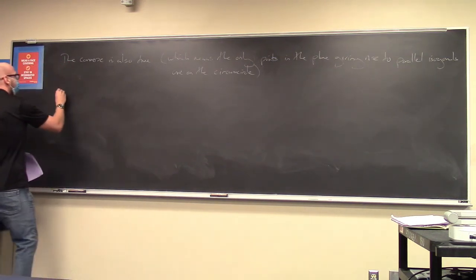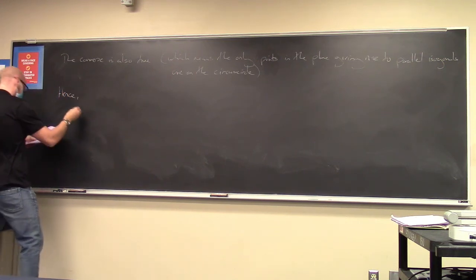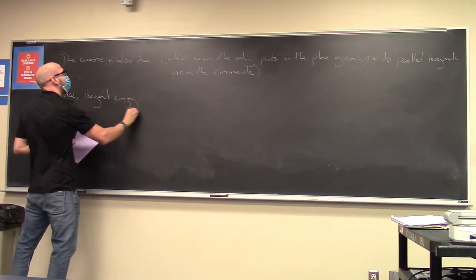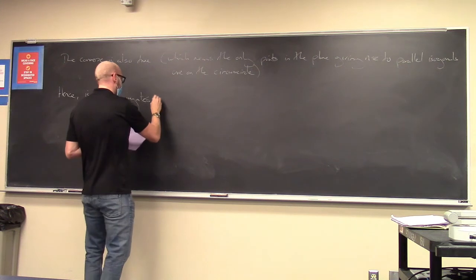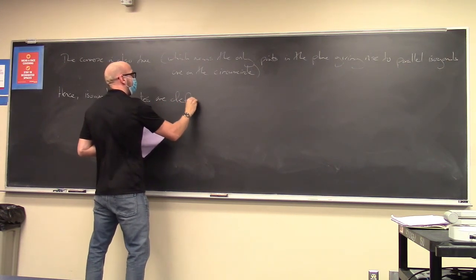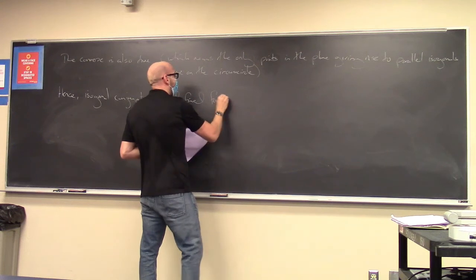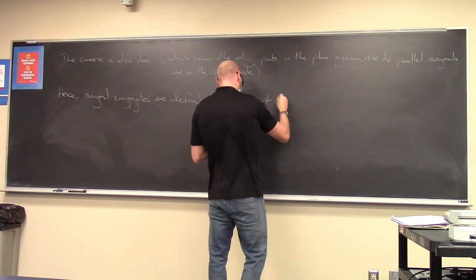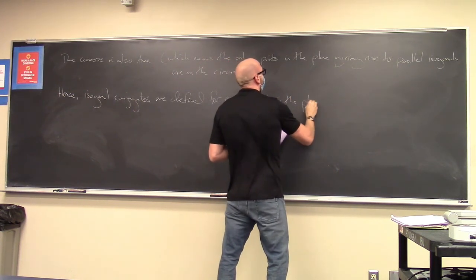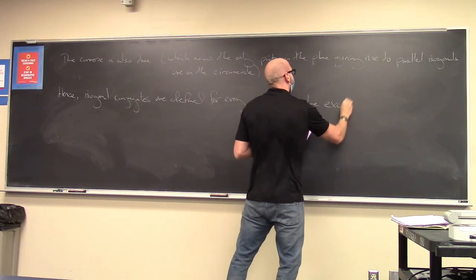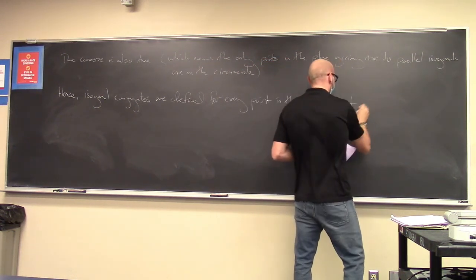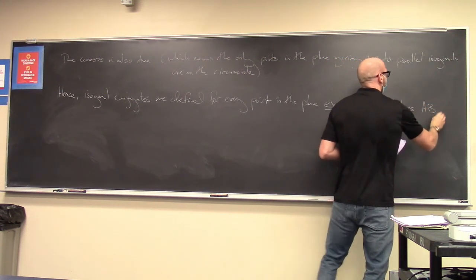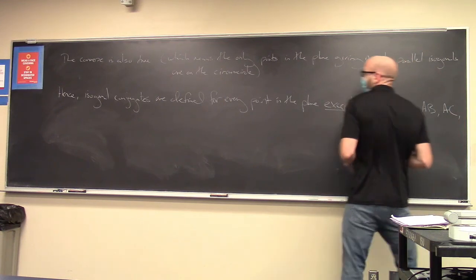So let's draw some pictures. So hence, isogonal conjugates are defined for every point in the plane except the side lines of the triangle AB, AC, and BC.